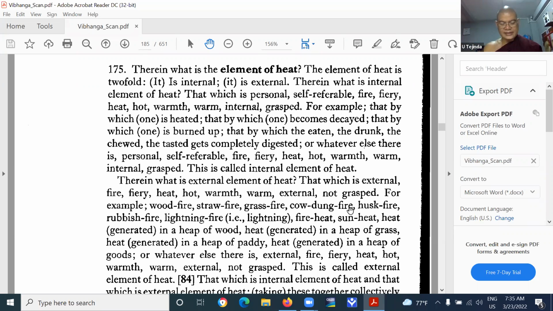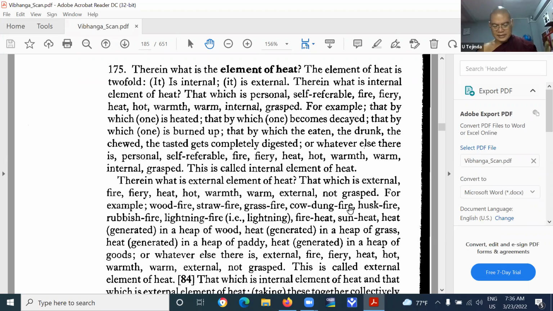Indaki, Eki Santa Bo, fire heat. What is fire heat? The heat comes from the fire maybe, or the heat exceeds the fire. Surya Santa Bo, yes, this heat comes from the sun.